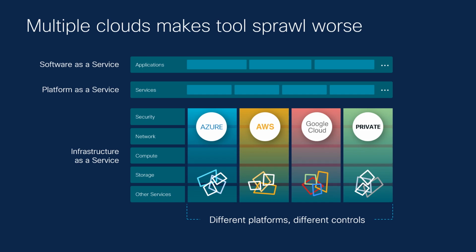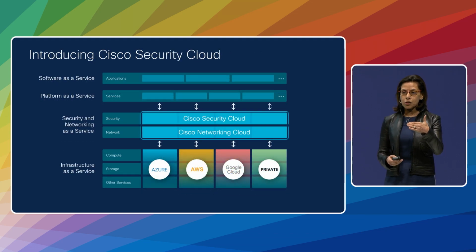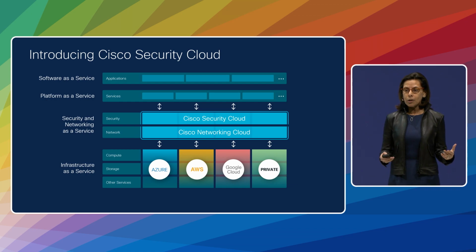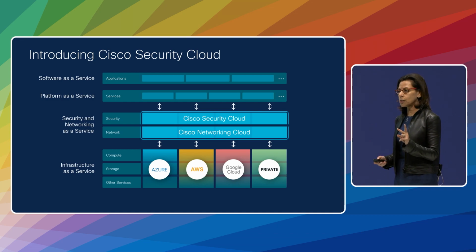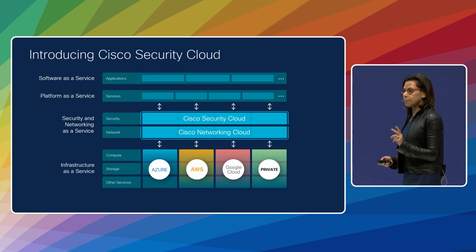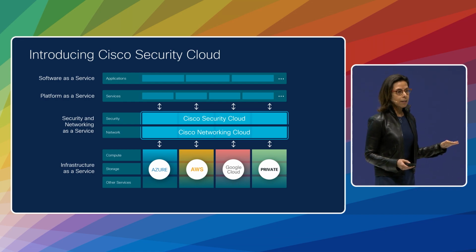So one of the things that we as Cisco have taken on is, how do we simplify this for you? What we did is we abstracted these security controls from the underlying infrastructure into what we call the Cisco Security Cloud. This gives you a single user interface, a single set of controls, and perhaps most importantly, a single set of telemetry across all of these environments.